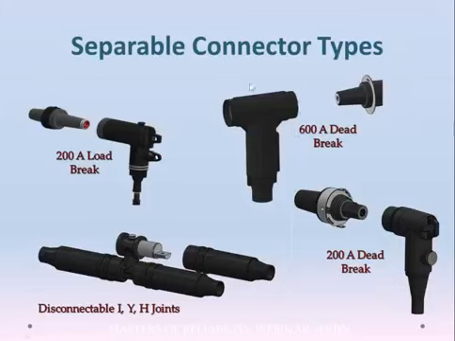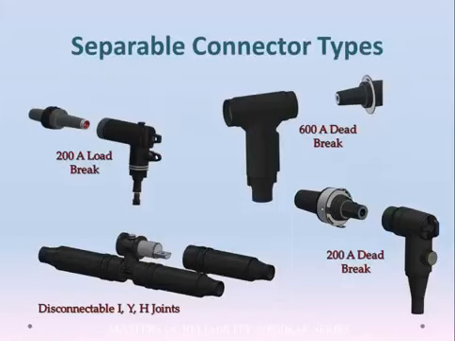And then finally, this T-body, the 600 amp dead break elbow, there are many accessories associated with all of these connectors. But there's one accessory in particular, what we call a connecting plug, where you can stack two dead break elbows together, and that's a joint or splice configuration. So there is a precedence to say why this joint should be in 386.